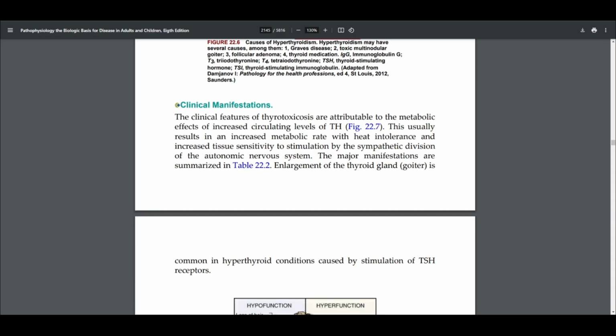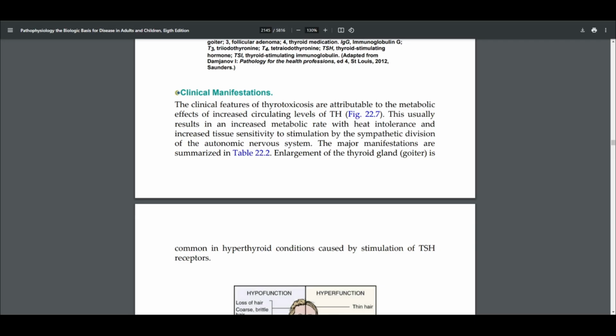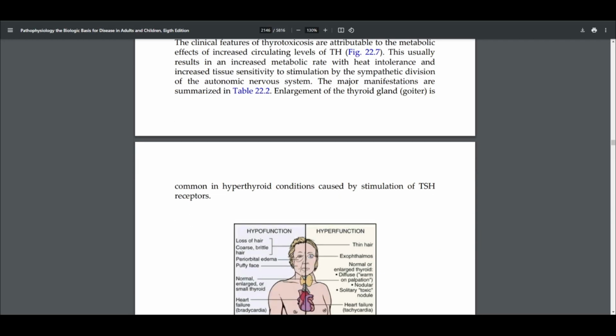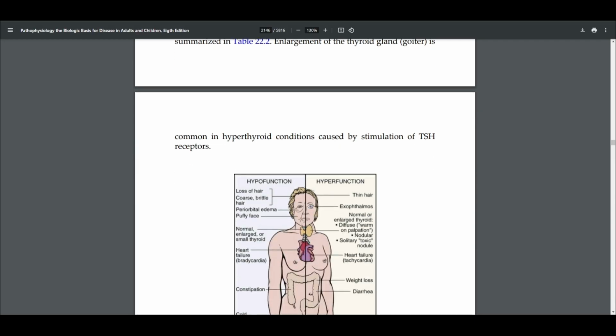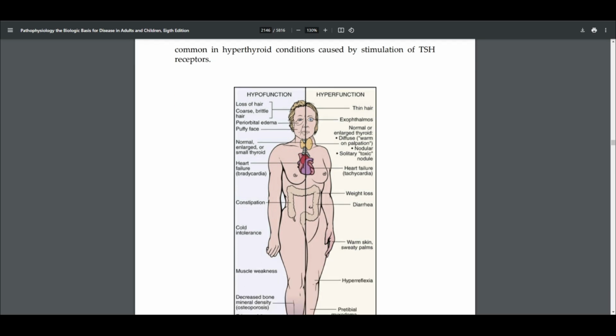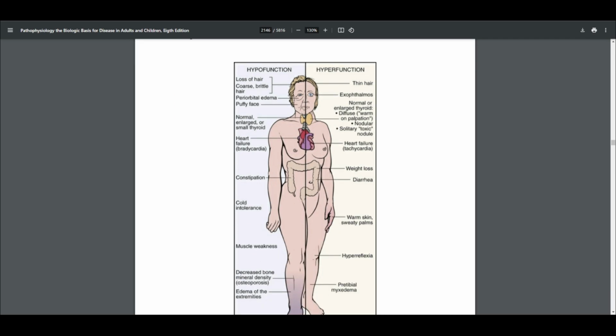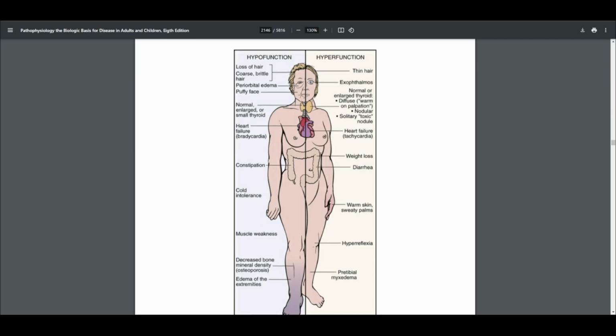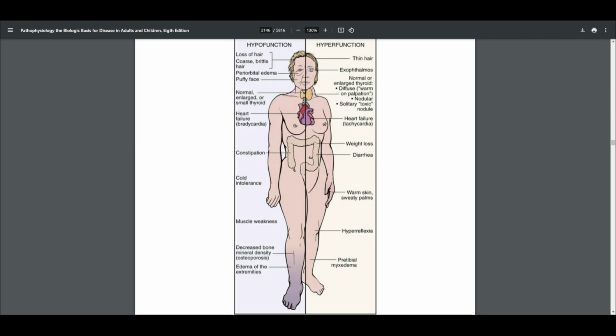The enlargement of the thyroid gland, or goiter, is common in hyperthyroid conditions caused by stimulation of the TSH receptor. So here you see the differentiation between hypo and hyperfunction. And I'm going to leave this picture up for just a moment.